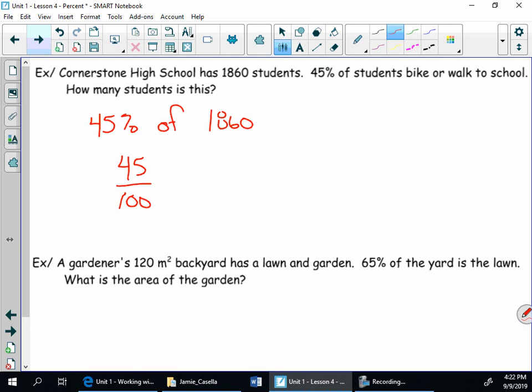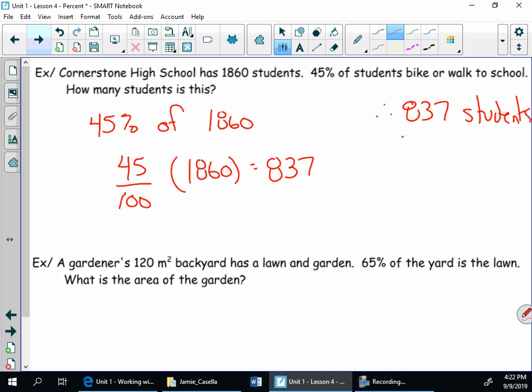That gives me a unit rate. And I'm going to multiply that by the number of things I have, how many units I need. 1,860. And we end up with 837. Because it's a word problem, we need a word answer. 837 students bike or walk.